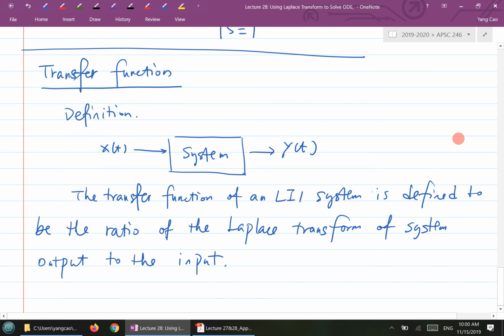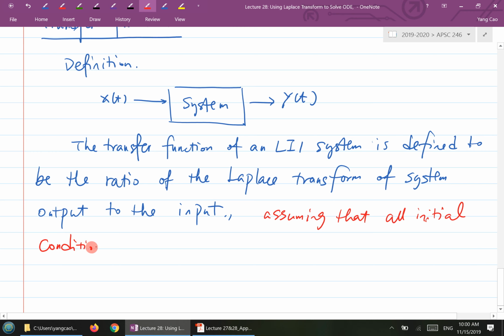And it's not finished yet, and this is the last part. You have to be very careful here, assuming that all initial conditions are 0. Okay, that's the definition.